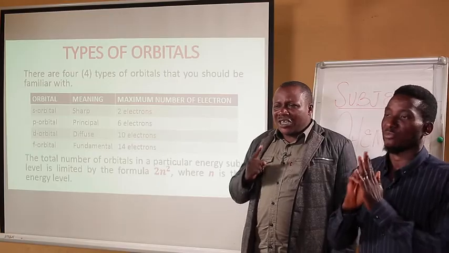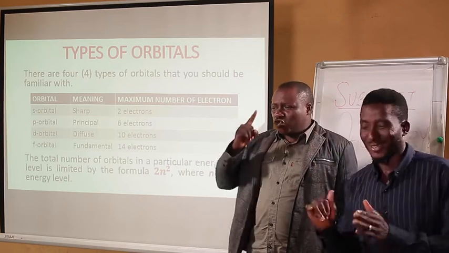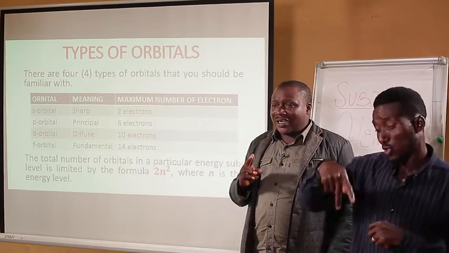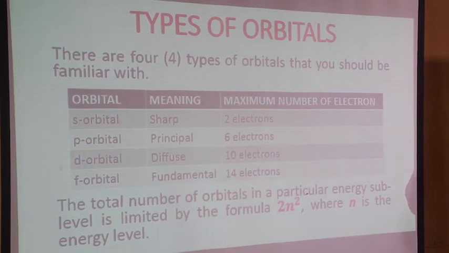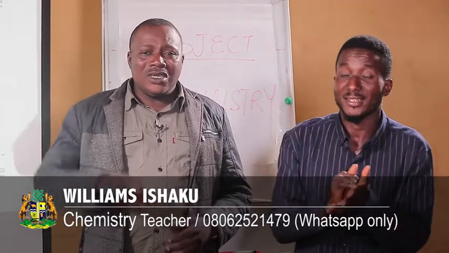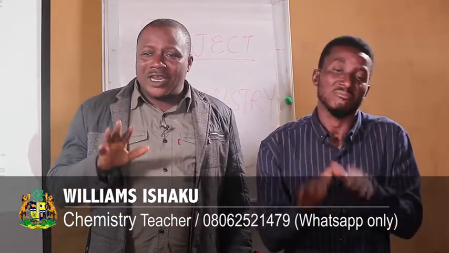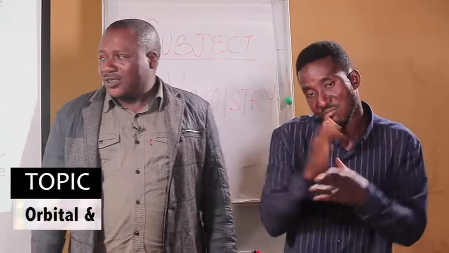For instance, the s orbital can only carry a maximum of 2 electrons. The p orbital can carry a maximum of 6 electrons. The d orbital can carry a maximum of 10 electrons, whereas the f orbital can carry a maximum of 14 electrons. Do you agree with me? There is a gradual increase of 4 electrons between the orbitals.